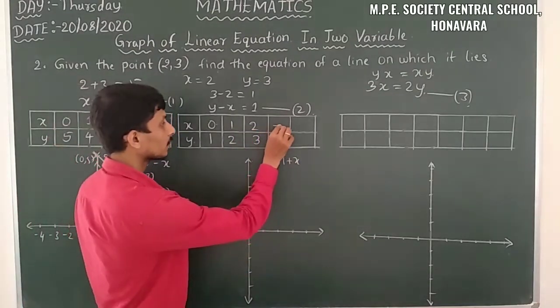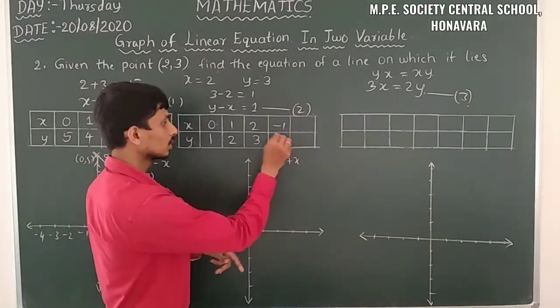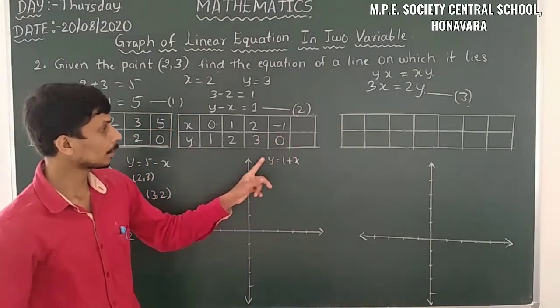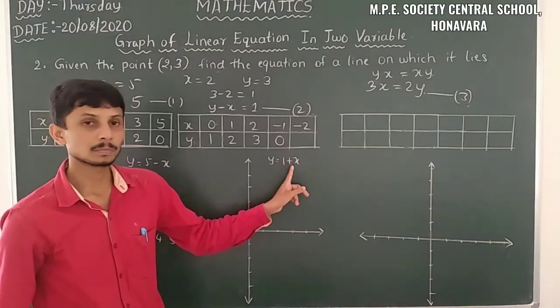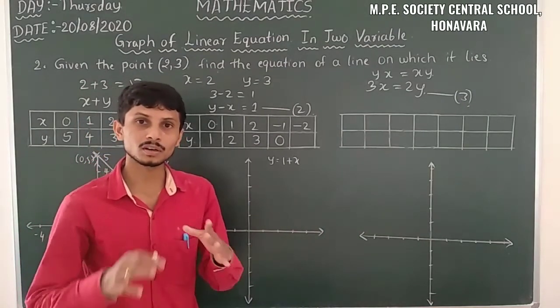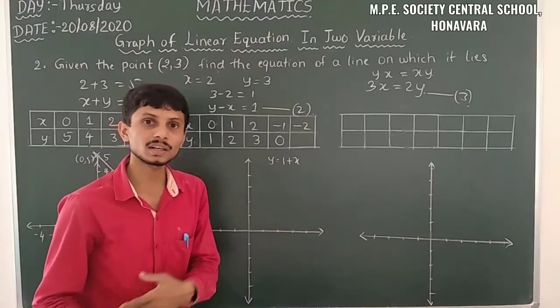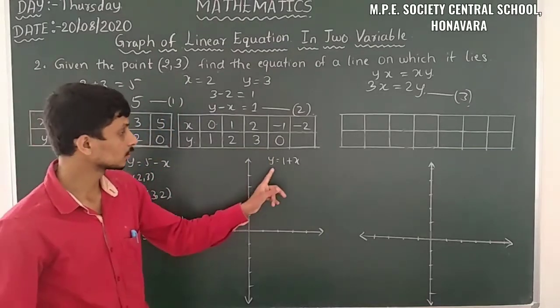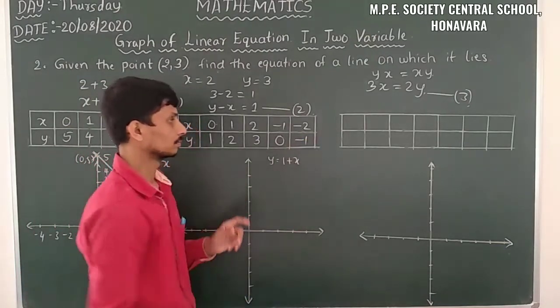After that we insert the value of minus 1. Minus 1 means 1 minus 1 is 0. Then we insert minus 2, so 1 plus minus 2, 1 minus 2. If you are confused with that, take that calculation in the rough part. After that you insert the values. So when you take minus 2, 1 minus 2 is minus 1.